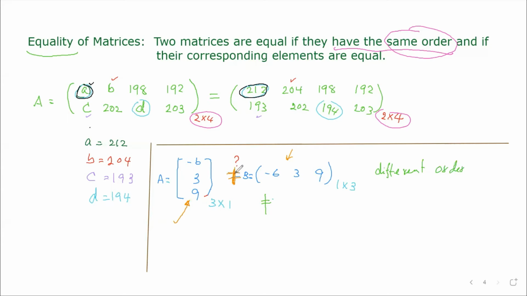To be equal, they have to be exactly the same order, and then you can compare each element in the same location. In this case matrix A doesn't equal matrix B because they have different orders, 3 by 1 and 1 by 3. So not the same.